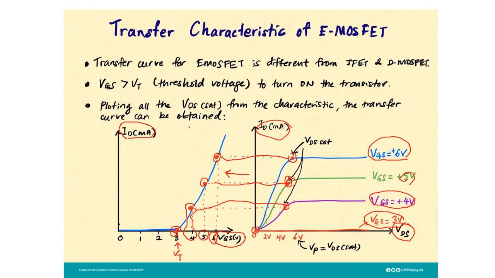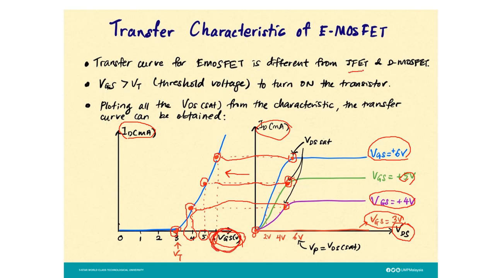Can you spot the difference between the JFET and the MOSFET characteristic and curve? For the EMOSFET, the curve is different from the JFET and the DMOSFET, where the curve is at positive VGS.